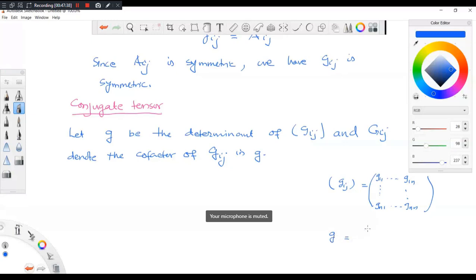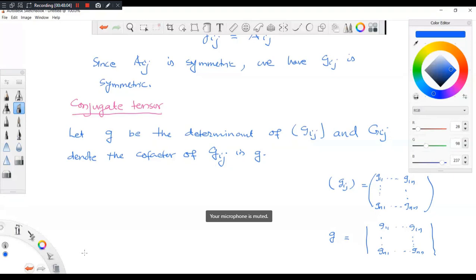G means determinant of g11 etc. g1n etc. gn1 etc. gnn. So this is called G. Okay, now what is capital Gij? Gij, it is a cofactor.